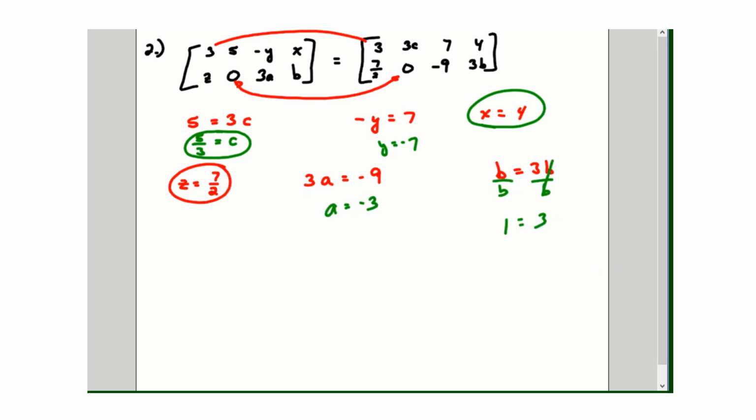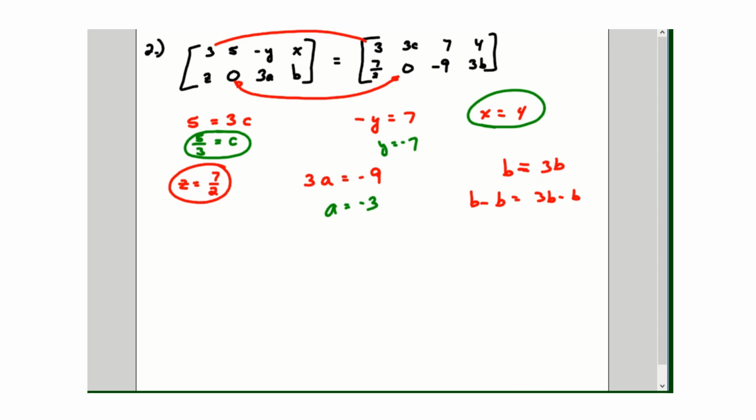Got to be careful with that. Some people will cancel both sides, and you end up with 1 equals 3. Well, that's not true. 1 does not equal 3. Can't have that. So what we do is we subtract.